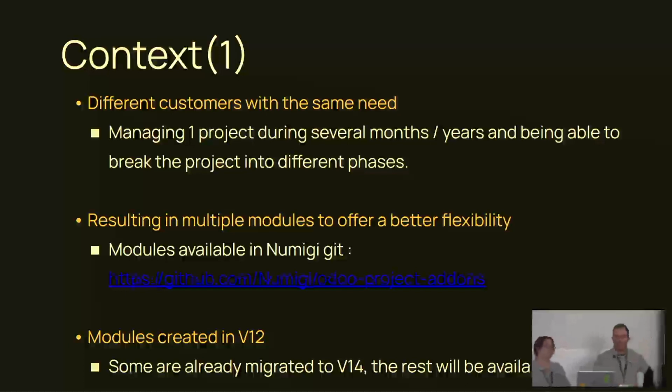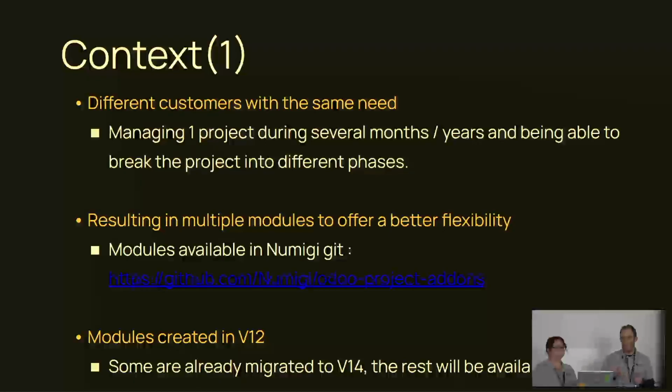So we actually had different customers asking for the same kind of features around project because, for them, the work breakdown structures that already existed in project were too complex for their team, and they didn't want to manage several parent levels on projects. So from there, we analyzed different options, and we decided to go with the milestone and to work around the milestones.